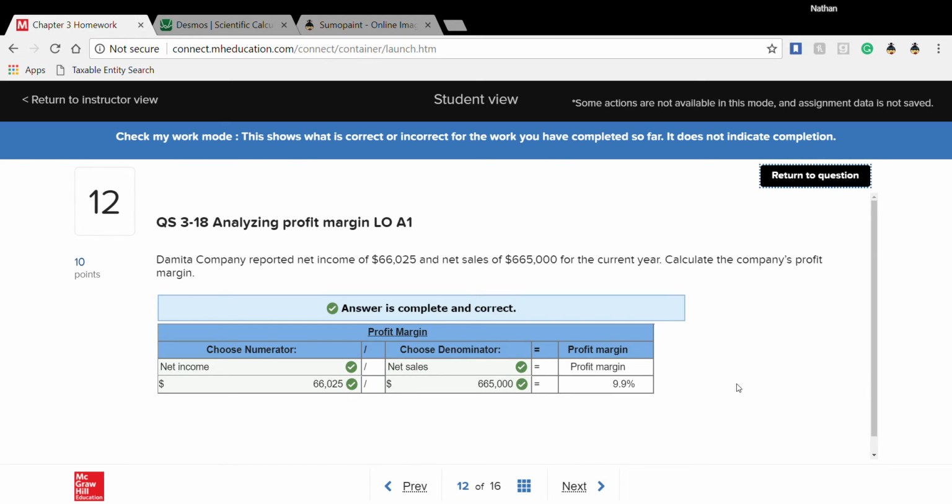So fill in the blanks. Boom. They have a 9.9% profit margin. They're doing well on sales. They're getting a lot more of their sales back than going out to expenses. So 12, after the doozies of 10 and 11, it's a little bit easier.